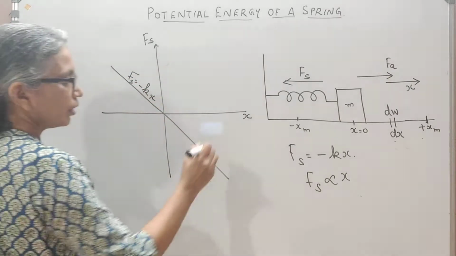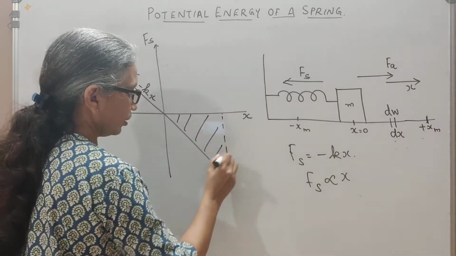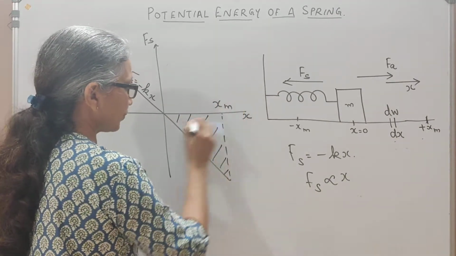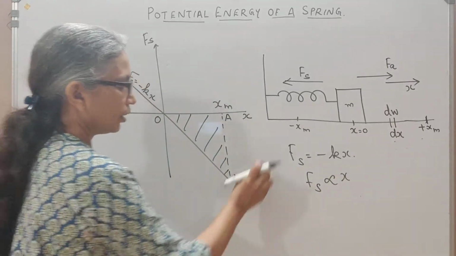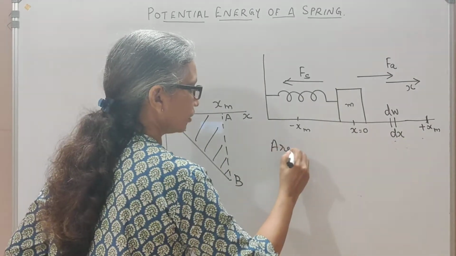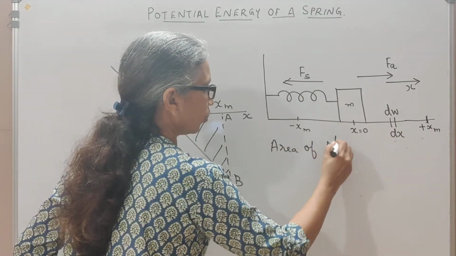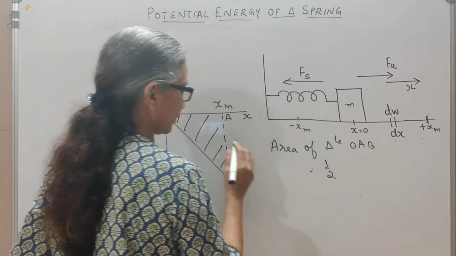So our graph will be like this, and this graph is the Fs is equal to minus kx graph. Now if you take the area of this triangle, where this is the maximum displacement, let me call the triangle OAB. Let's find the area of that triangle. Area of triangle OAB will be half into base.